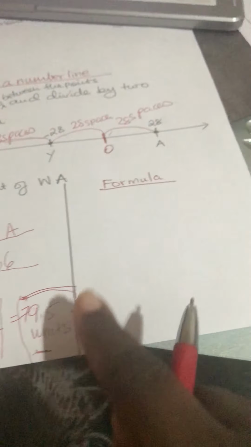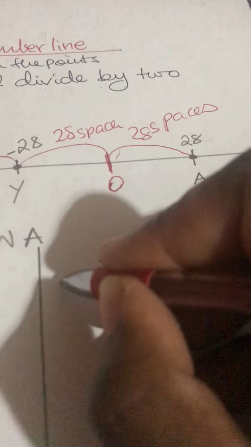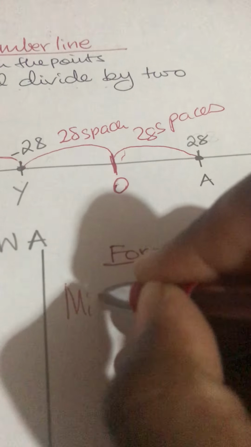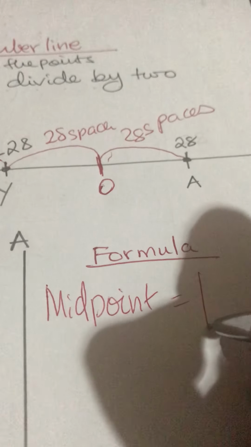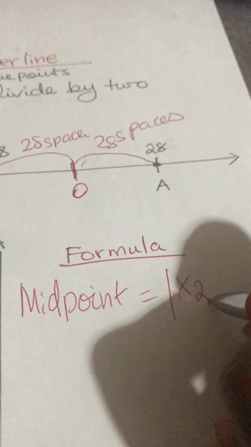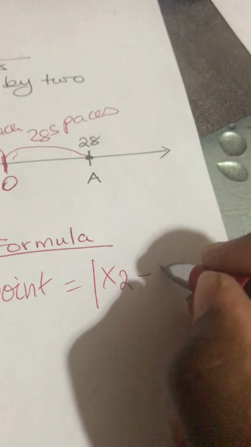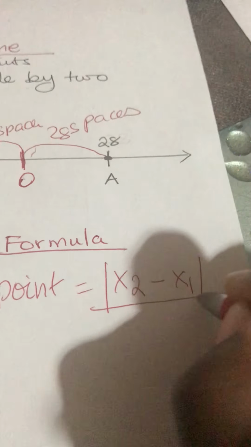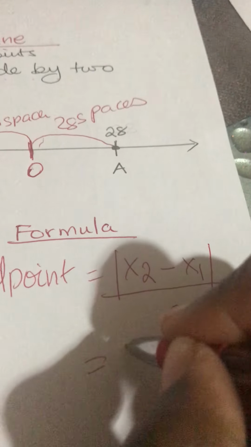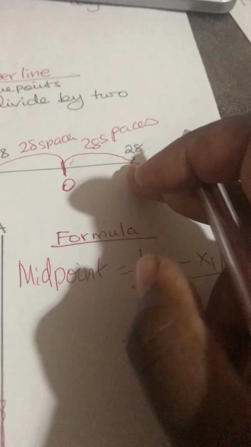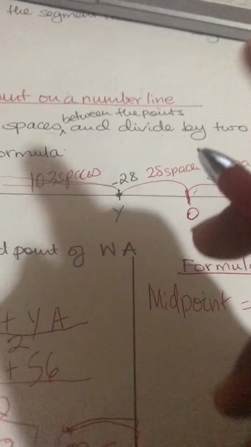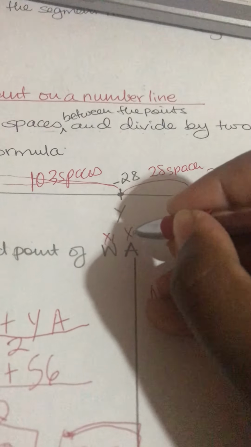Now let us use the formula. So what's the formula for finding the midpoint? I will do x2 minus x1, and I'm going to divide by 2. So I want to go from W to A. So this is x1, x2.